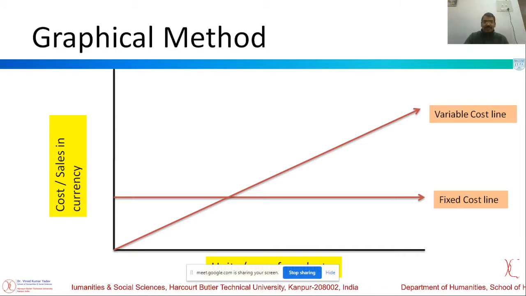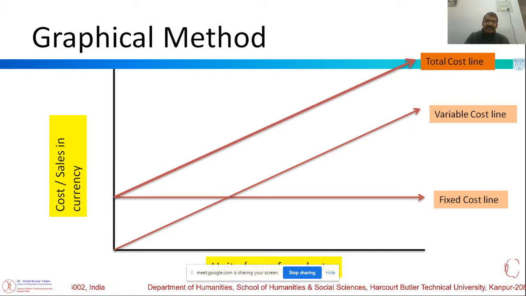Say for example, if semi-variable cost is more and variable cost, raw material cost, is less, in that case this will become flatter, 30-degree. And if semi-variable cost is very nominal, it will increase like this, 45-degree, 60-degree, like that. So I hope that this variable cost line is clear.